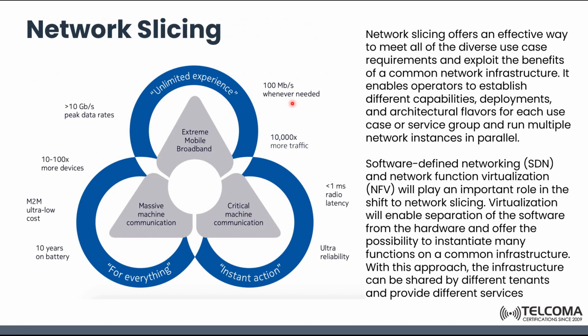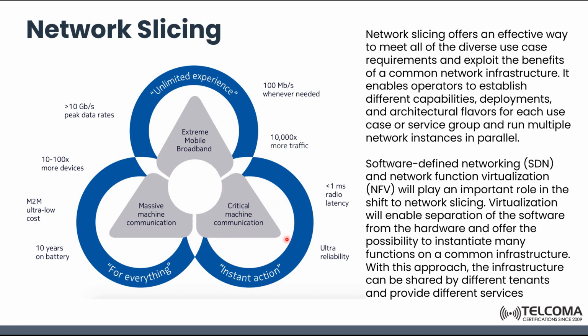So here is what types of applications we have. We have enhanced mobile broadband where we need high data rates, with peak data rates greater than 10 Gbps, and traffic which could be 100 times the existing traffic. Massive machine type communication, machine to machine communication, where we need massive IoT devices with long battery lives.